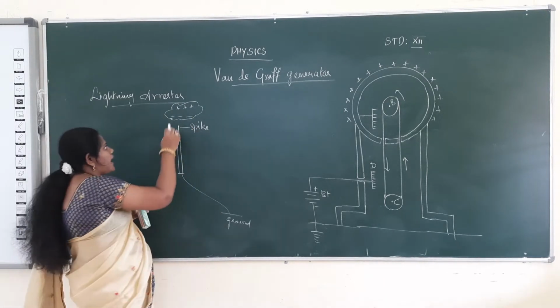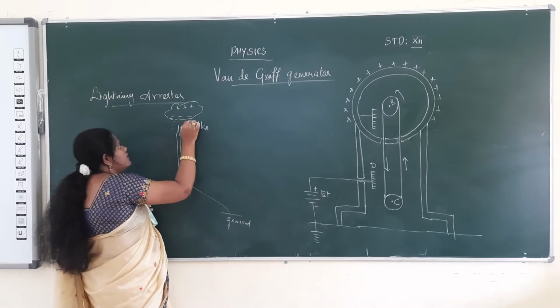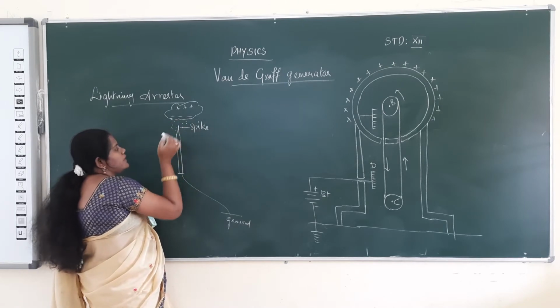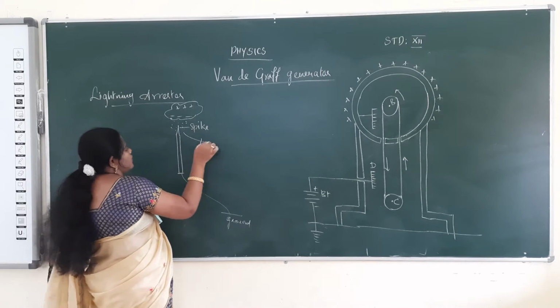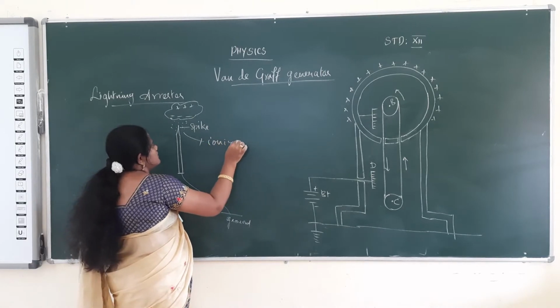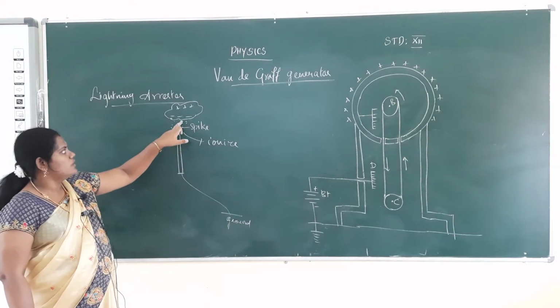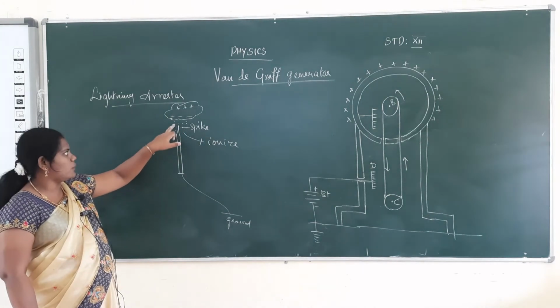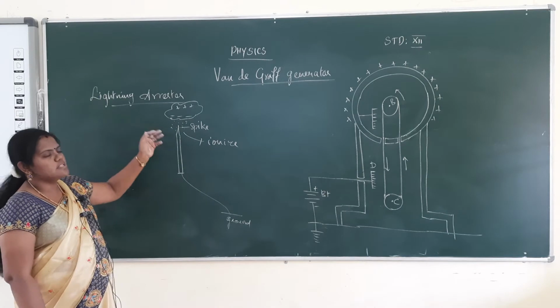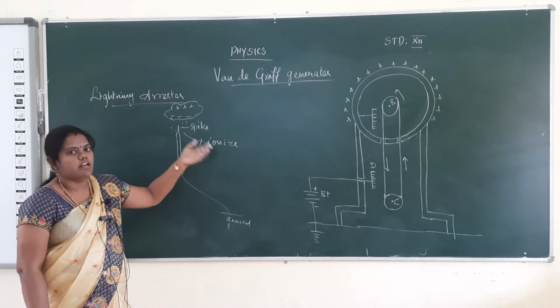The air between the cloud and the spike gets ionized. Charges are induced in the spike of the rod, and the air in between gets ionized, automatically creating positive ions and negative ions.